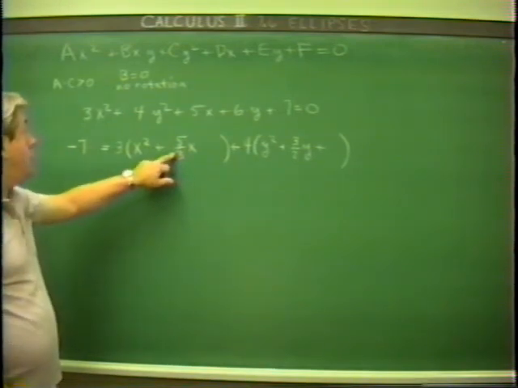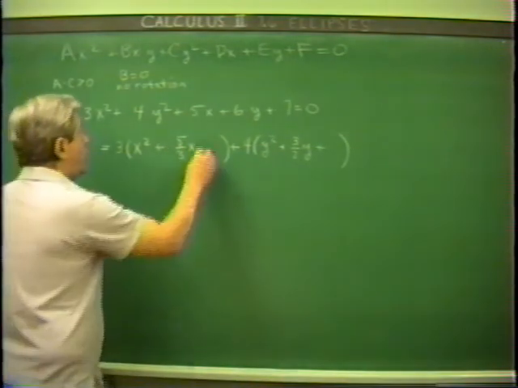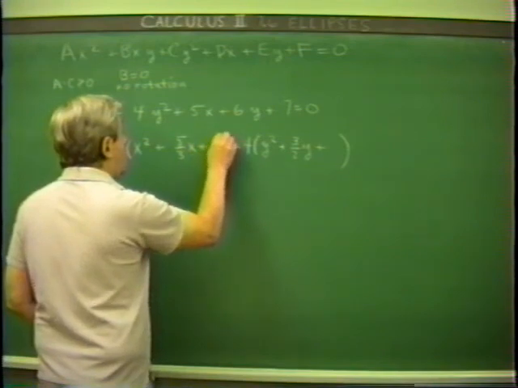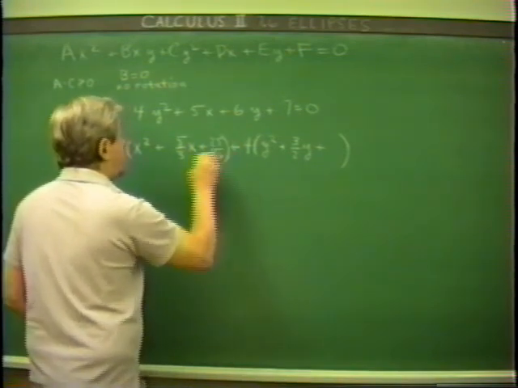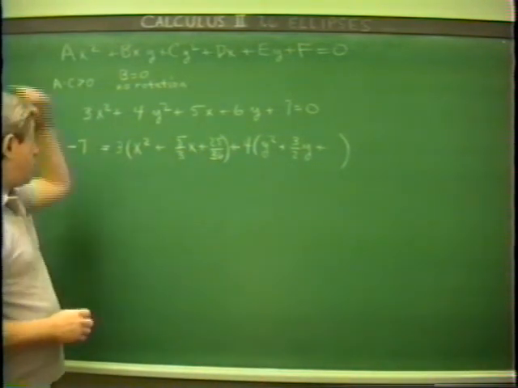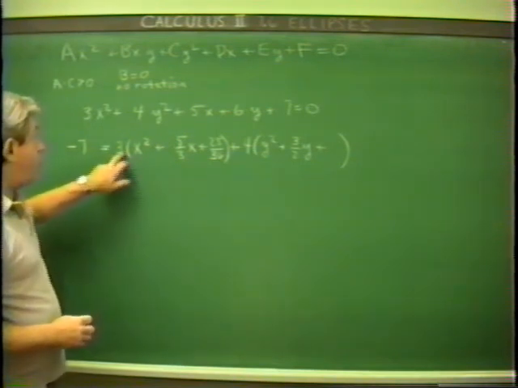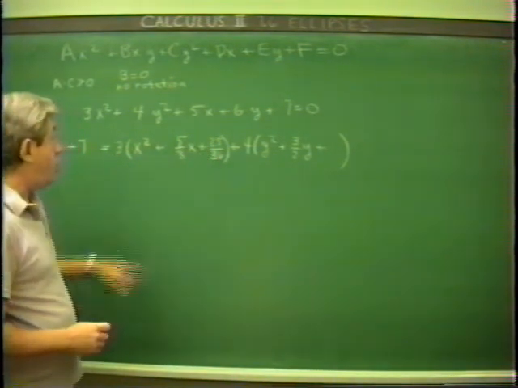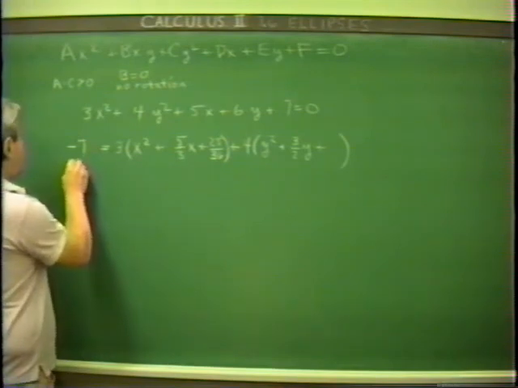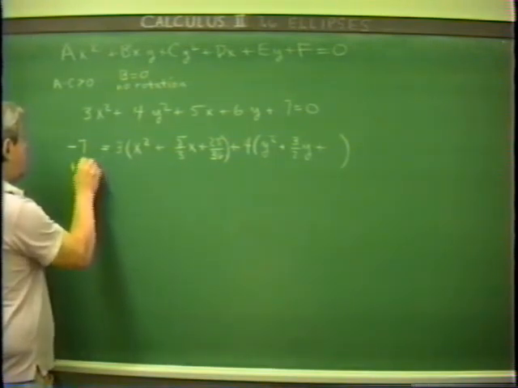We want to complete this square, so you take this term, divide it by 2 and square it. That's 5/6 squared, or 25/36, added on here. What have we done? We've added 3 times 25/36, or 25/12.